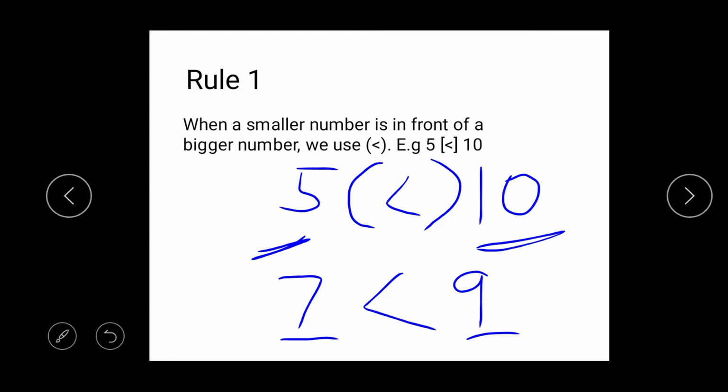Whenever you see a smaller number in front of a bigger number, we say it is less than. If you count 7 and you count 9, you see that 7 is a small number and 9 is bigger than 7. So this is when we use less than.